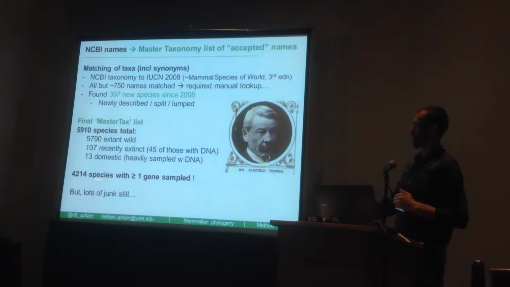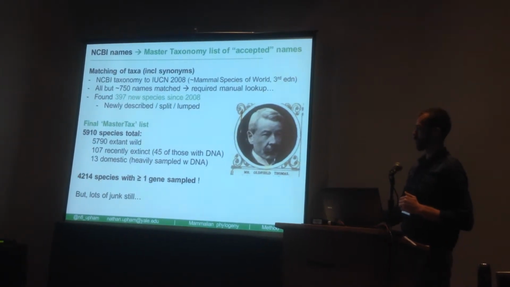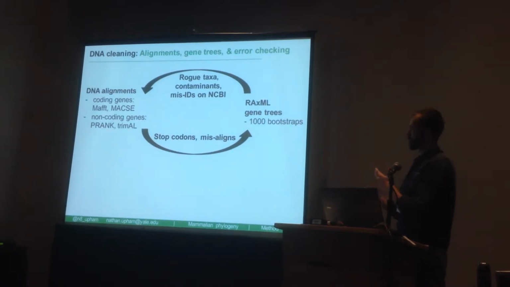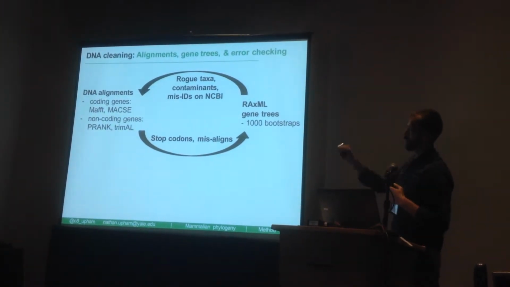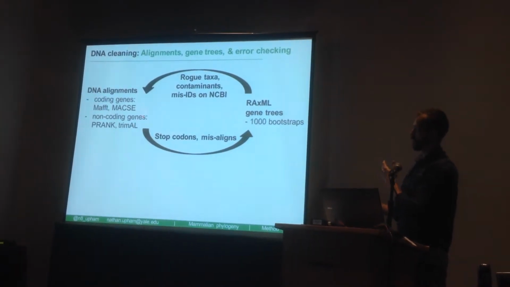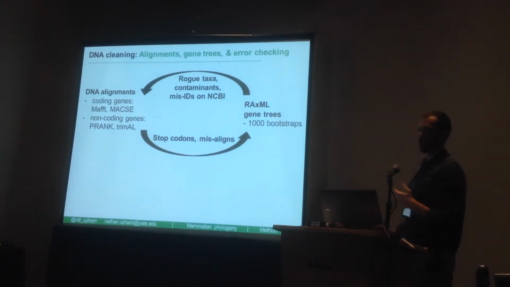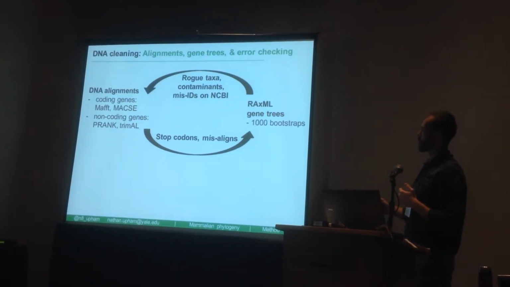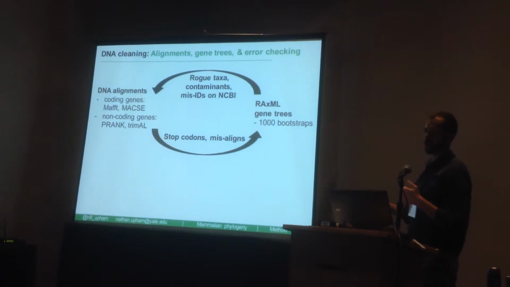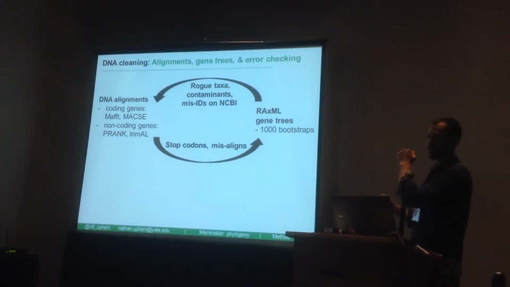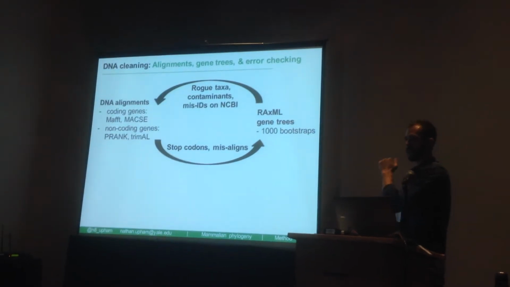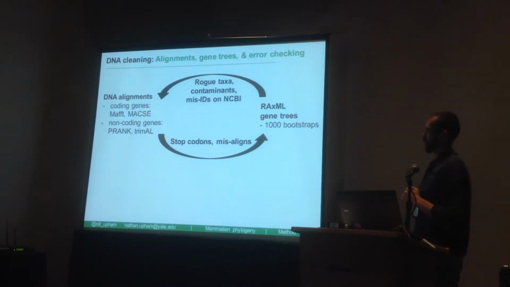So we got sampling for close to 70% of the species, but lots of junk still coming off of GenBank. So we did this kind of iterative approach of aligning genes, using different software, looking for stop codons and misalignments, building gene trees, looking for rogue taxa from these bootstrap samples, and examining misidentified sequences, things that are identified as rats but come out in primates, things like that happen a lot.